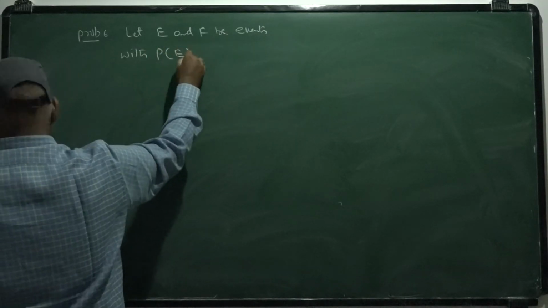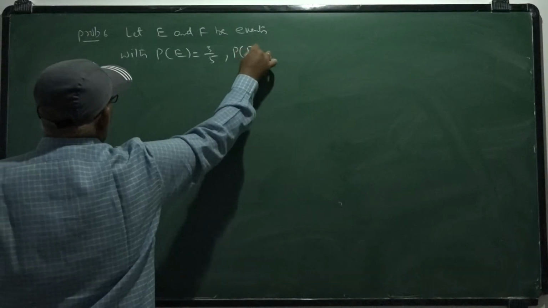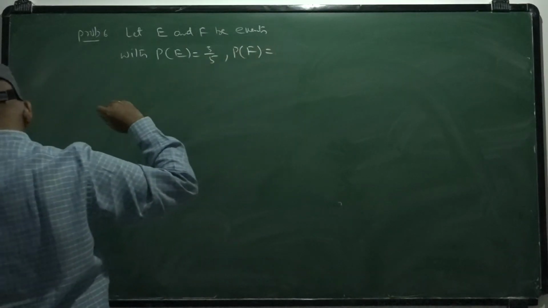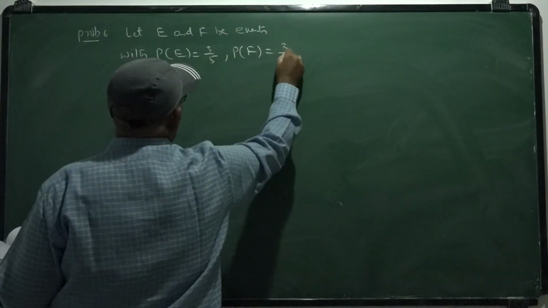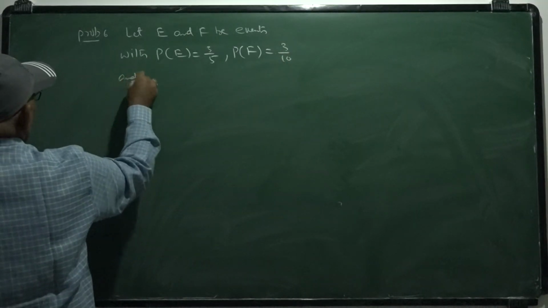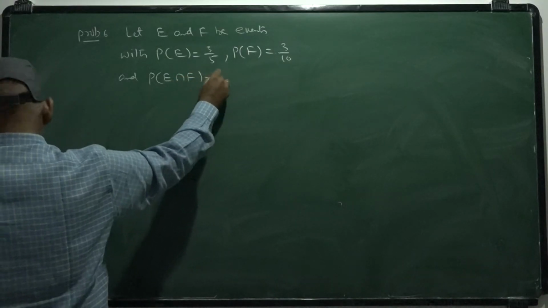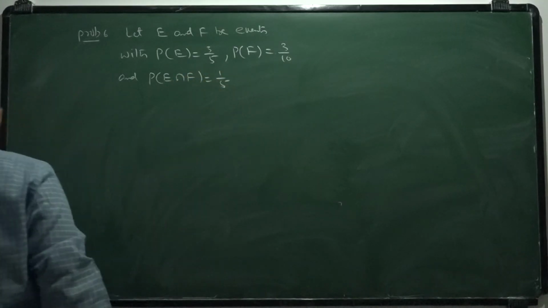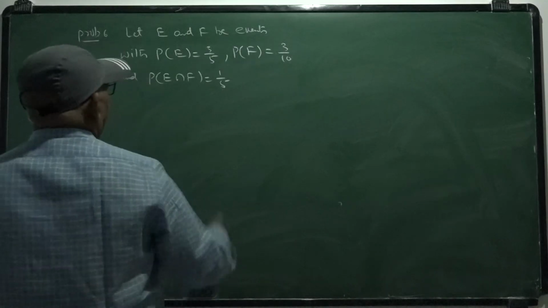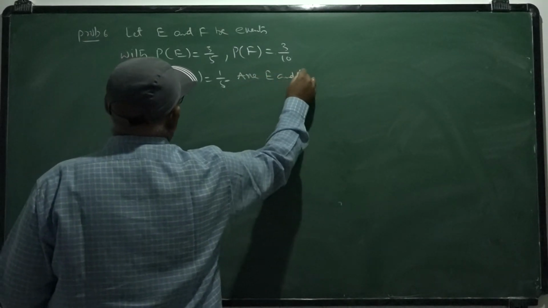Probability of E is 3 by 5 and probability of F is 3 by 10, and probability of E intersection F is 1 by 5. Are E and F independent?